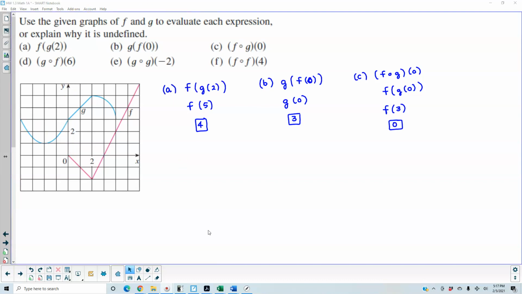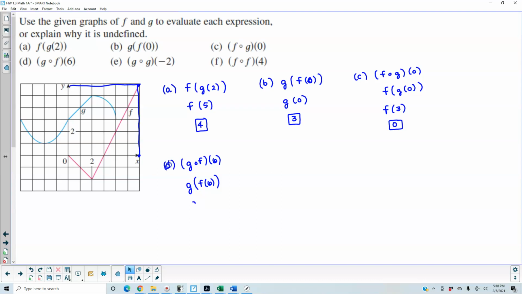Okay, let's take a look at D. We have g composite f of 6, so this becomes g of f of 6. So if we find f of 6, and then we look up all the way to the graph up here, then what is the output here?